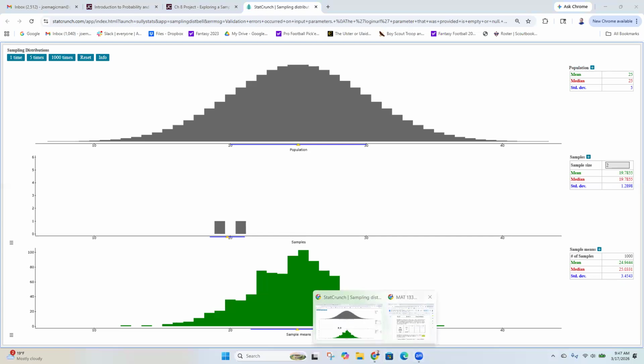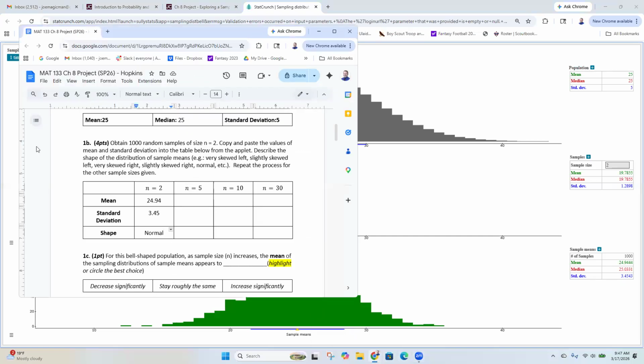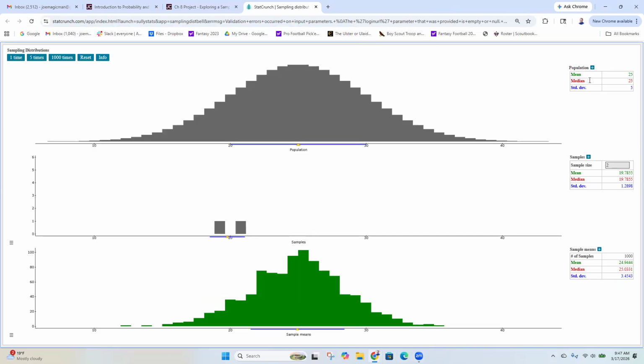We're going to push forward with part 1B, but now we're going to change the sample size to 5. Leave your population alone, but the middle box right here, you're going to change this to a 5.